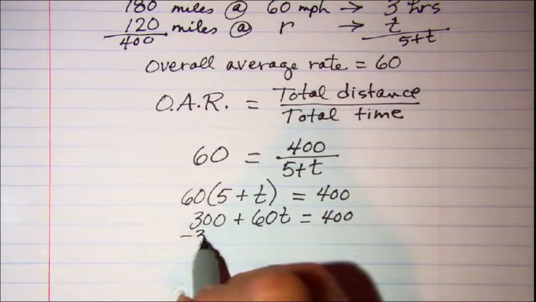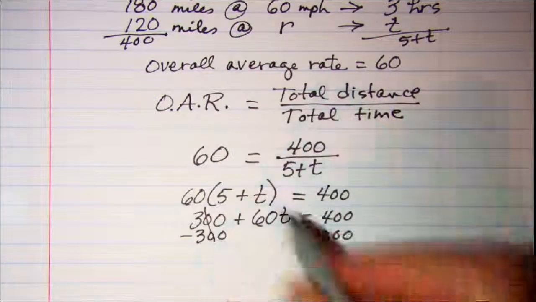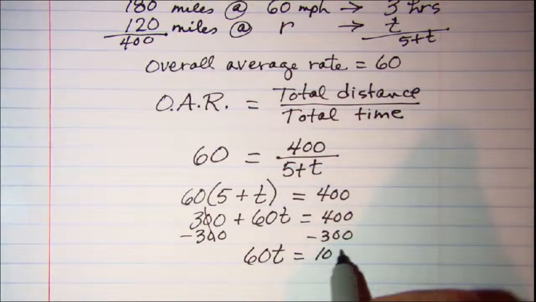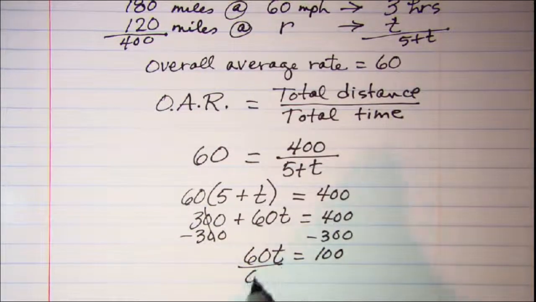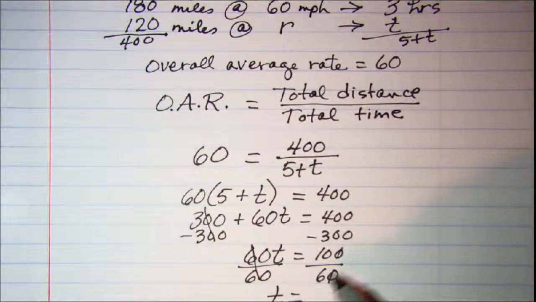Subtract 300 from both sides. So 60t is equal to 100. Divide both sides by 60. Time is equal to 5/3.